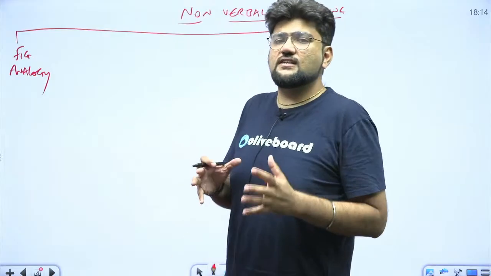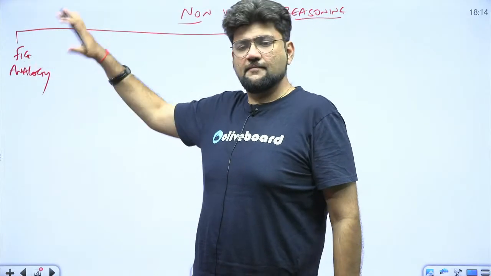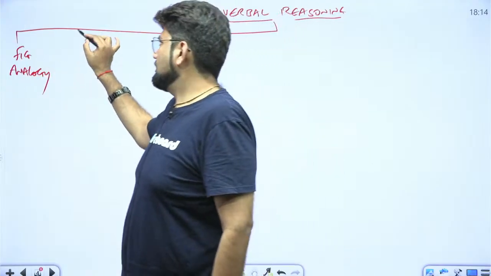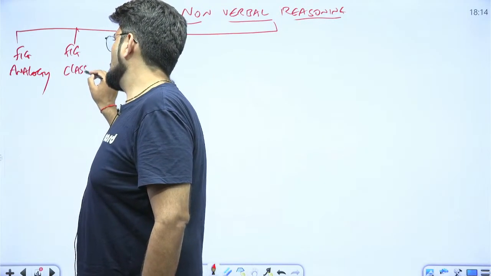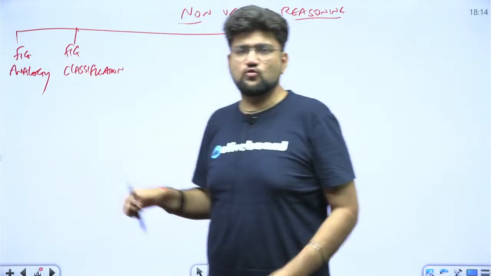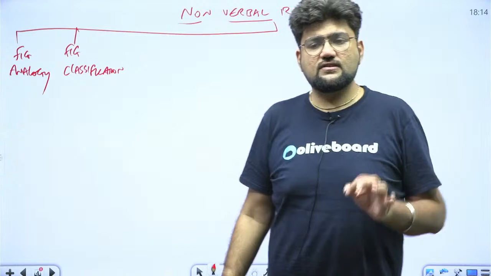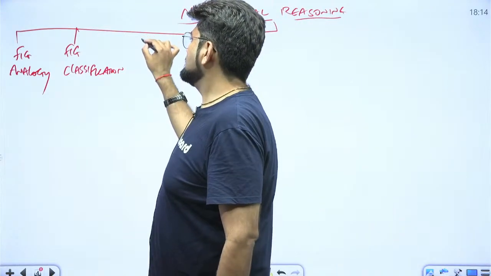So the same thing applied in the sense of figures becomes figure analogy. The logic is the same. Next is figure classification. Basically odd one out. Out of 4 options, you have to choose 3 related figures and the one which is left out becomes your correct answer. The third one is figure series.